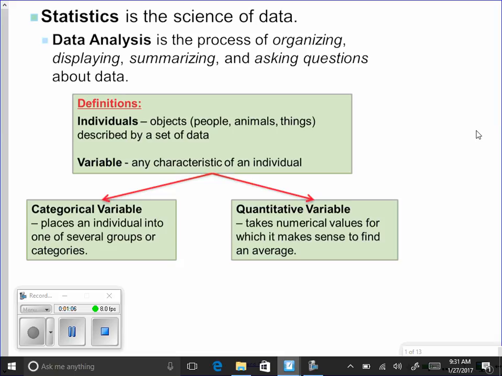The variable can be categorical or quantitative. The categorical are groups or categories, and the quantitative take on numerical values. If it makes sense to find an average or a mean of the variable, then it's quantitative. If it doesn't make sense to take an average, then more than likely it's categorical.